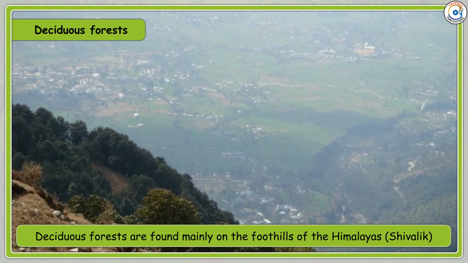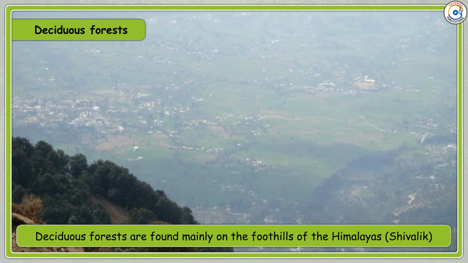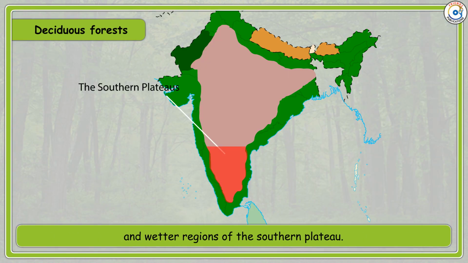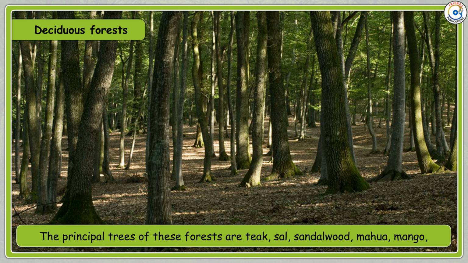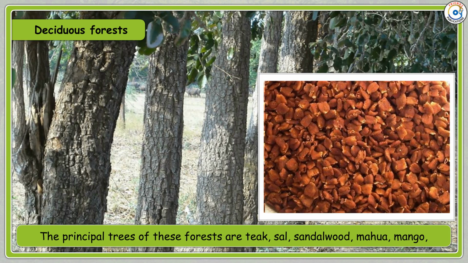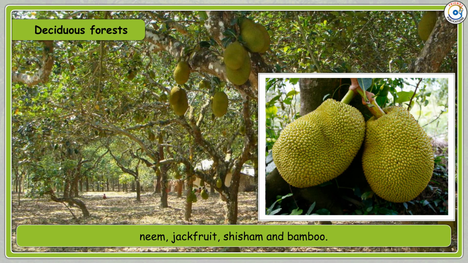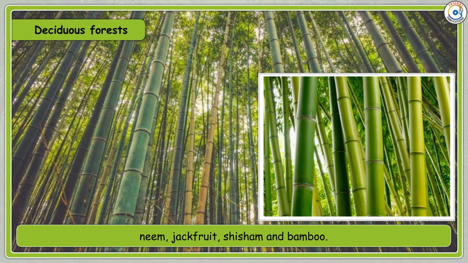Deciduous forests are found mainly on the foothills of the Himalayas, Shivalik and wetter regions of the southern plateau. The principal trees of these forests are teak, sal, sandalwood, mahua, mango, neem, jackfruit, shisham, and bamboo.